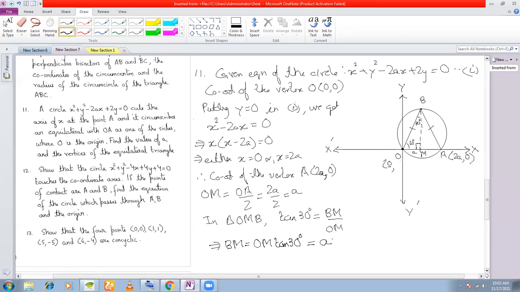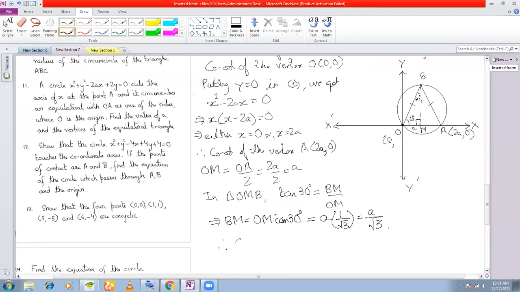OM we know as A. Tan 30 value is 1 by root 3. So BM we are getting as A by root 3, right? So what are the coordinates of B? Coordinates of B is A comma A by root 3.